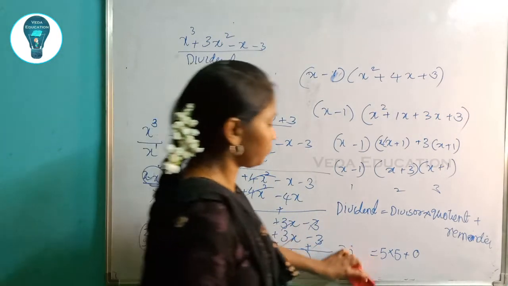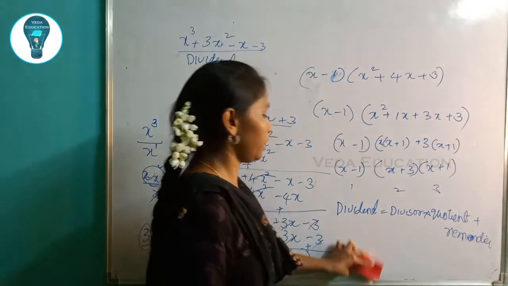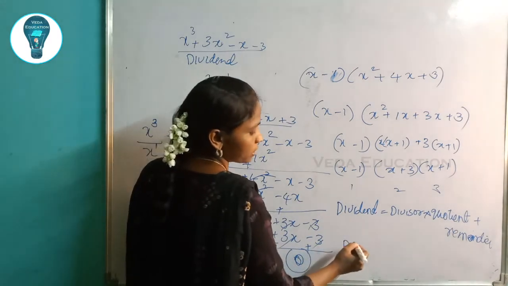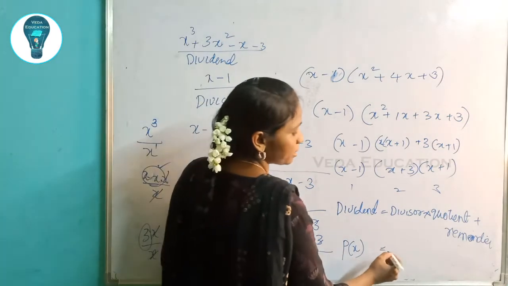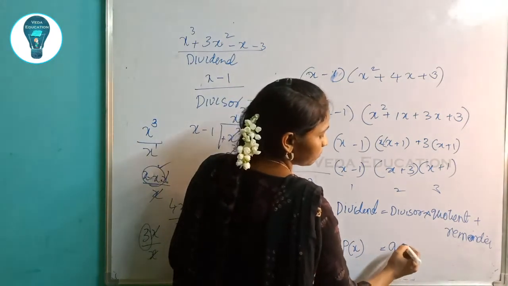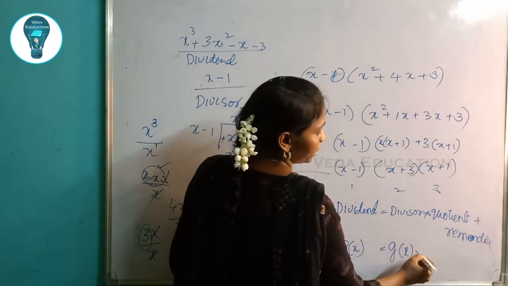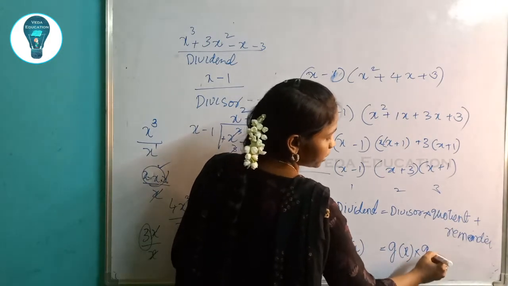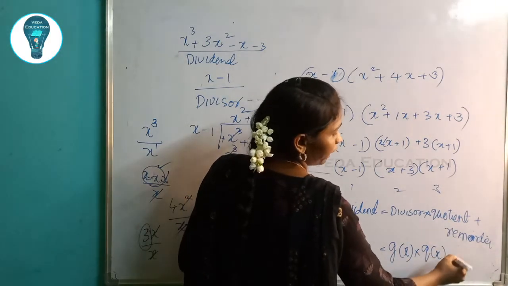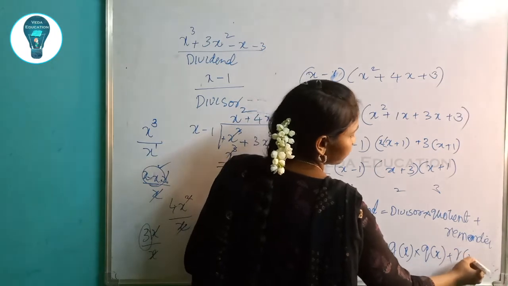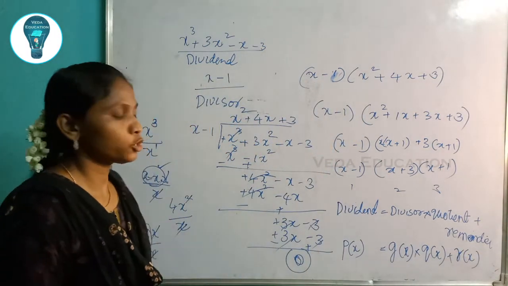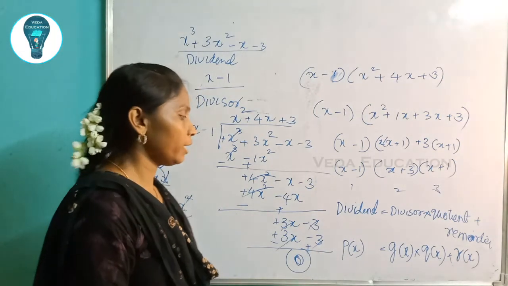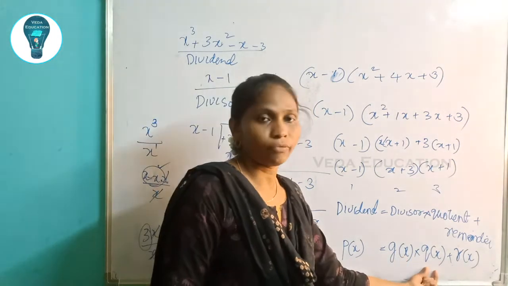So here the dividend we are considering is the polynomial p of x. p of x is the dividend and the divisor is g of x and the quotient is q of x and the remainder is r of x. Okay. Our r of x should be equal to 0 or less than g of x.